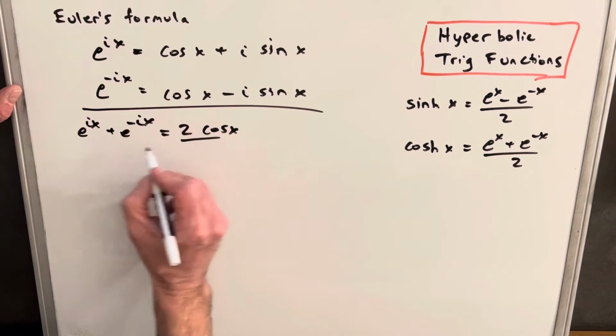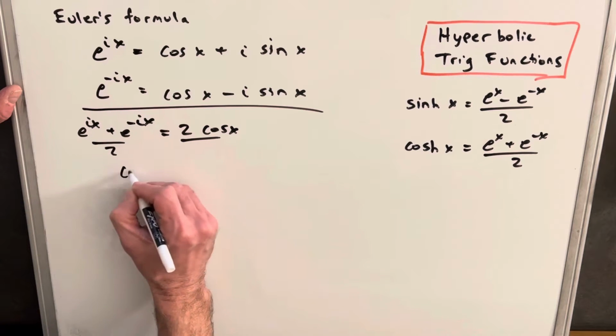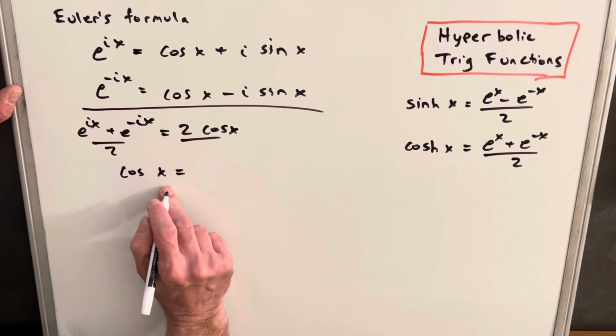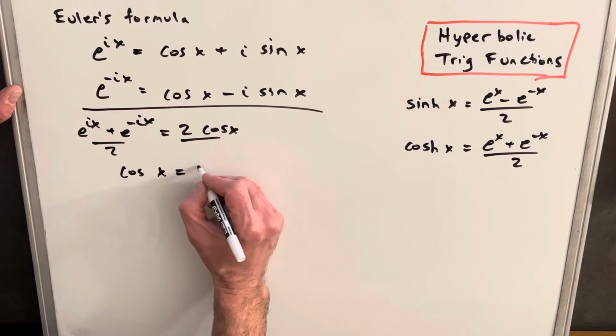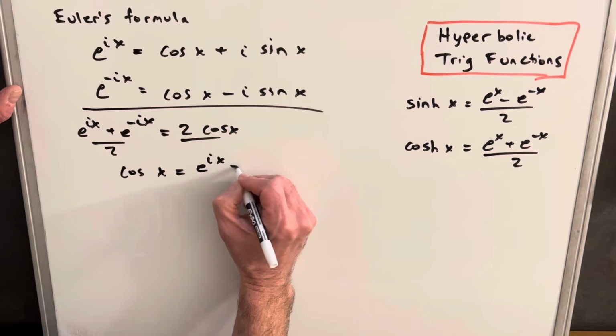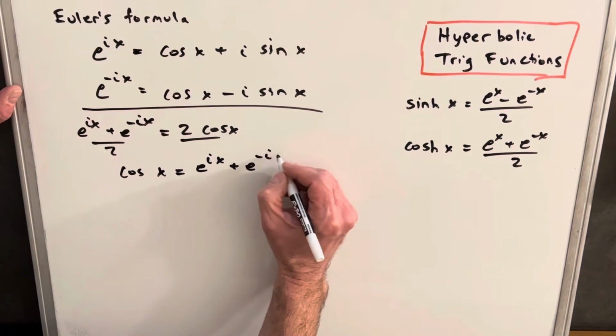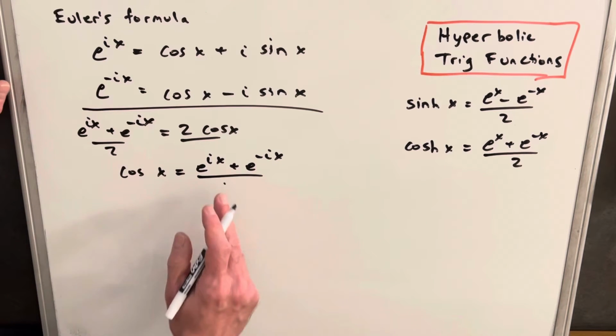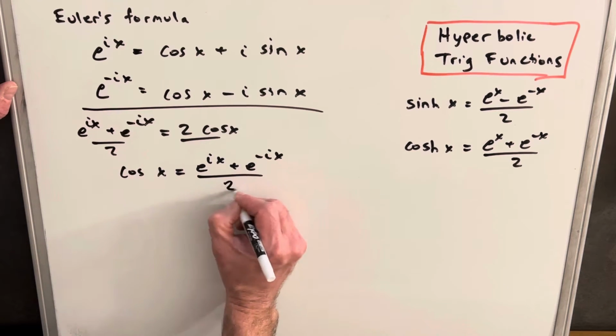But then we can just divide by 2 on both sides, and we get our complex definition of cosine x, which is e to the ix plus e to the minus ix over 2.